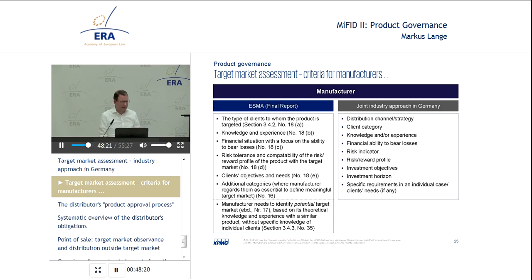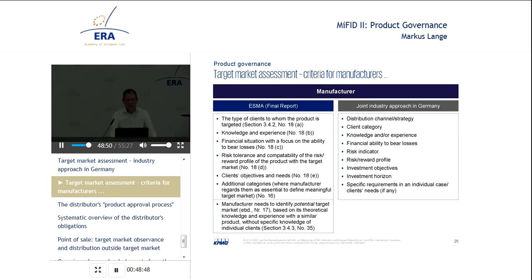And these are so generic that you can either do everything with it because it doesn't limit what you can do later at the point of sale, or you cannot use them for anything at all. What I want to say is the target market exercise is a very formal exercise. The way it needs to be done by the manufacturer is a very formal and very theoretical exercise, and I personally do not see a real added value in it the way it is being done now.